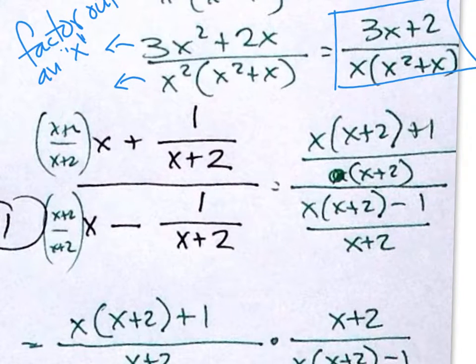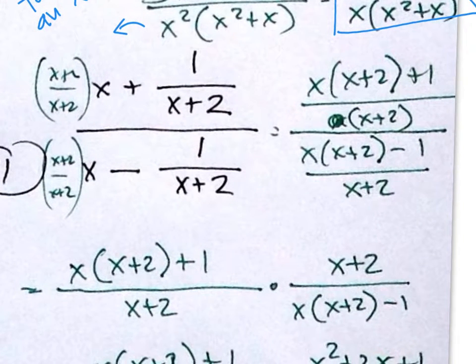And there's going to be some canceling here going on. So we have fraction divided by fraction, same as multiplying by the reciprocal. So this is this, and I'm multiplying by the reciprocal of this. So this gets flipped. X plus 2 ends up here. That stuff ends up here.